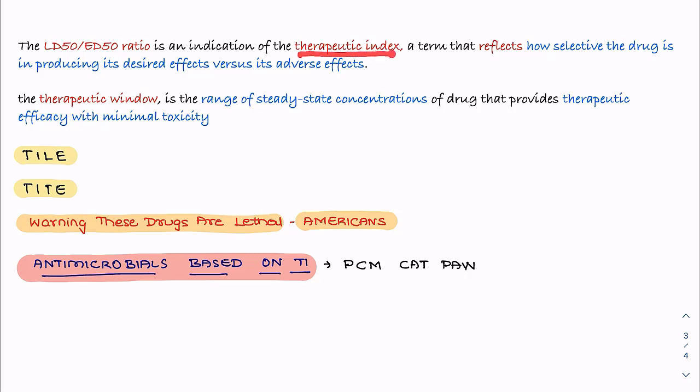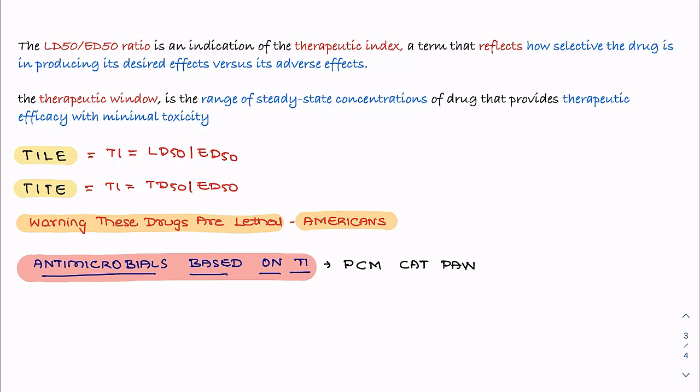It is the ratio of LD50 divided by ED50. How can we remember it? In the form of the mnemonic TILE. So TI equals lethal dose 50 divided by effective dose 50, or it can be represented as TI equal to toxic dose 50 divided by effective dose 50.